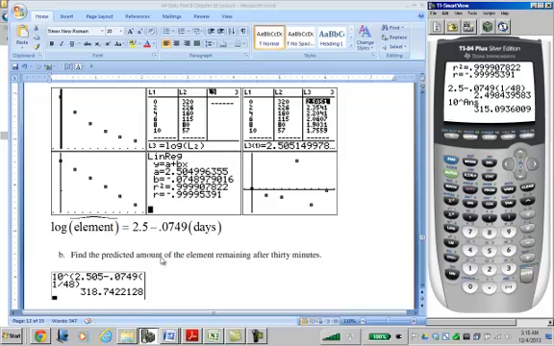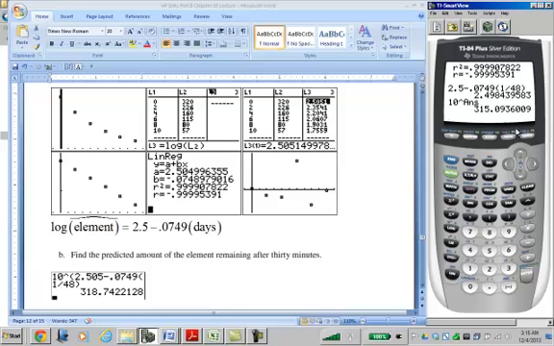Now notice this is different than my answer here. And the reason is that because of rounding, maybe I put in the wrong number. Let's see. Yeah, it's 2.505. If I put 2.505, then I would have come up with 318, because it makes a little bit of difference. Here's the thing.